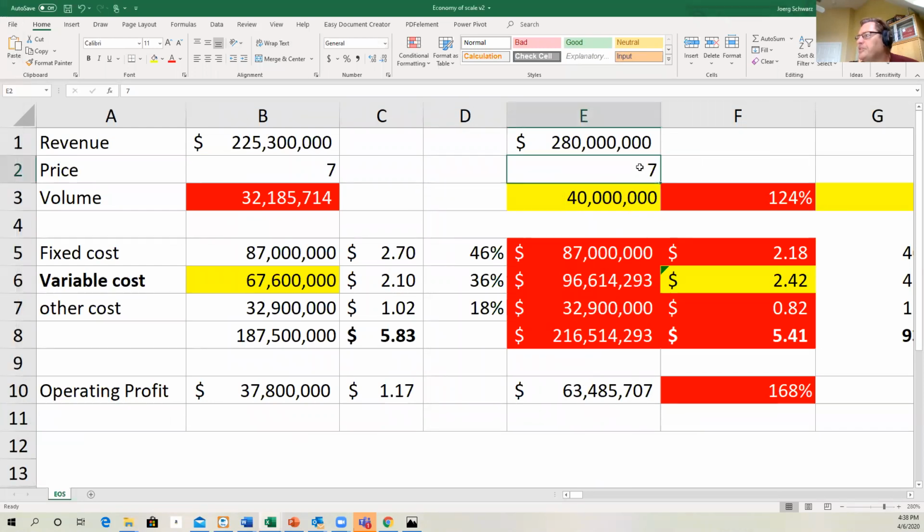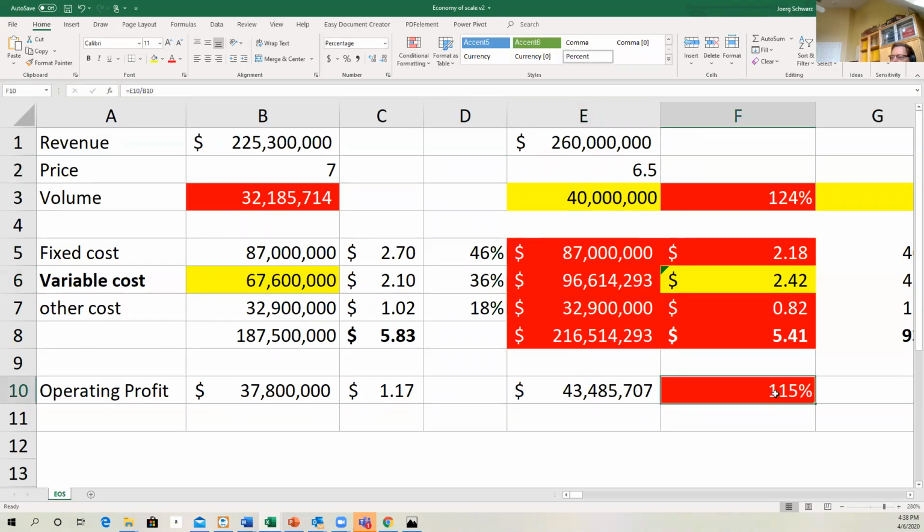So let's see what happens if I reduce my price to $6.50. So now I see that at $6.50 with pots, I am still making 15% more profit if I produce 40 million units than if I have demand for 40 million units. But we did now two things.